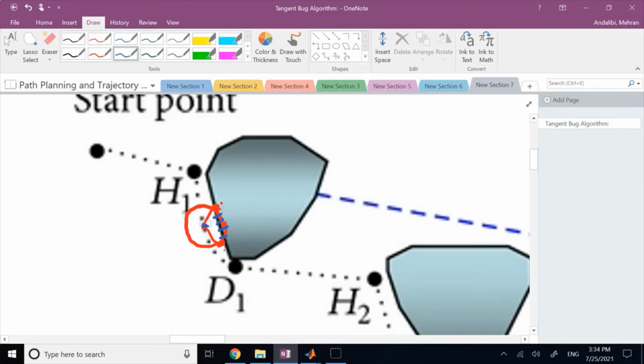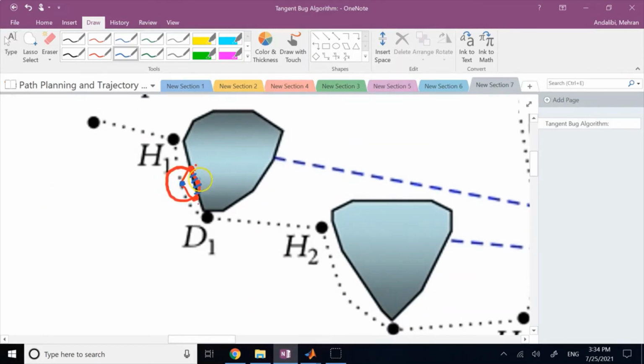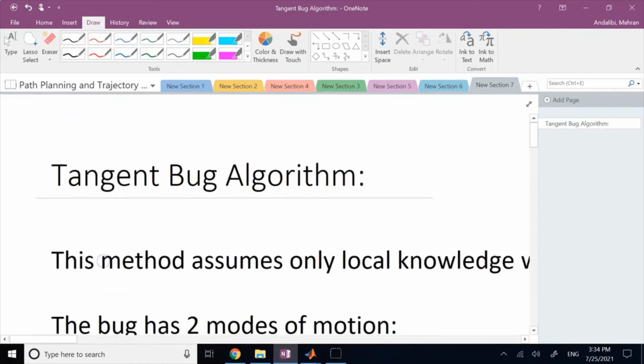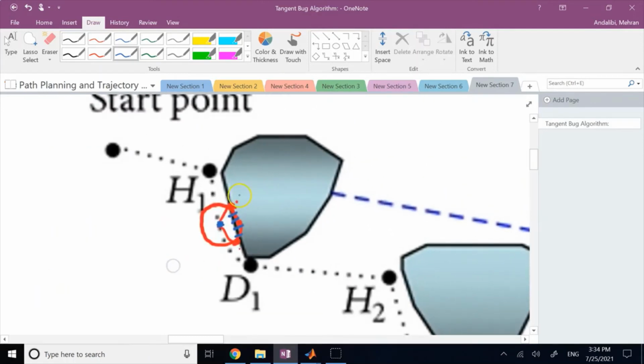And you can calculate your D leave: basically you calculate which one of these points is the minimum. Because D leave, the definition of it, is the minimum current distance. So you calculate your minimum current distance between all of these points that you can sense. That gives you D leave, and then you compare that value with all the minimums that you had in the past. The minimum of all of them will give you D min.